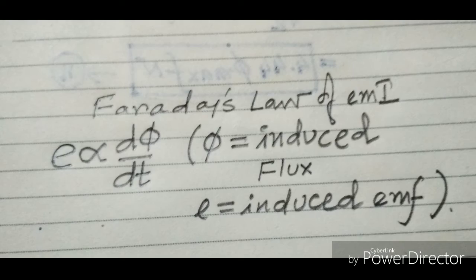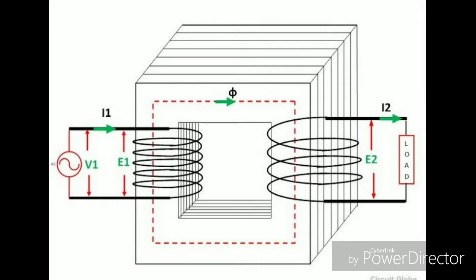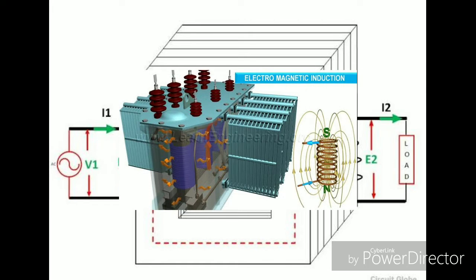Now, when we apply voltage V1 to the primary side of the transformer, current I1 flows through it. You can choose either side as the primary side, and the other side is the secondary side. Then according to Faraday's law, a self-induced EMF is produced.